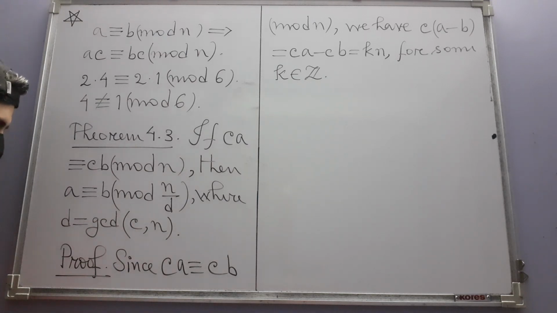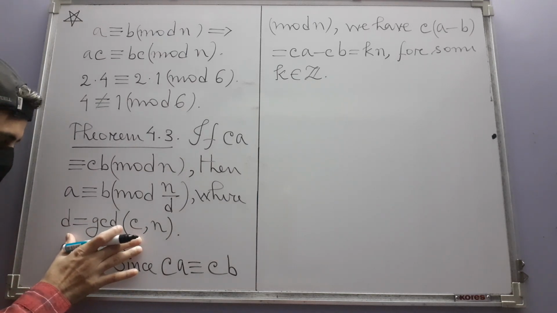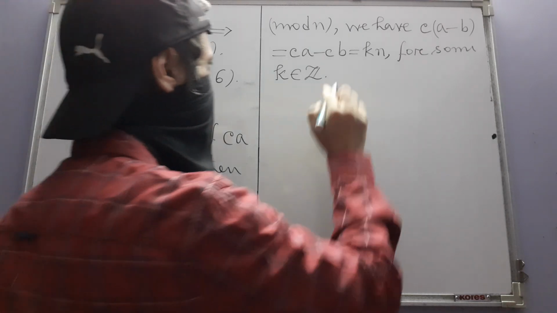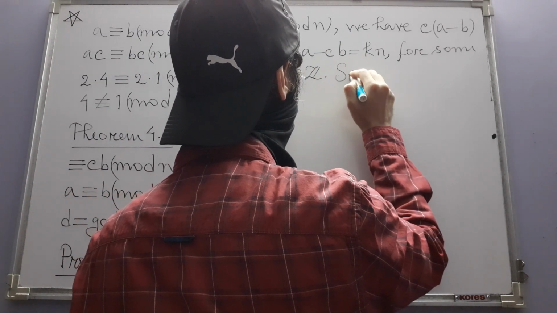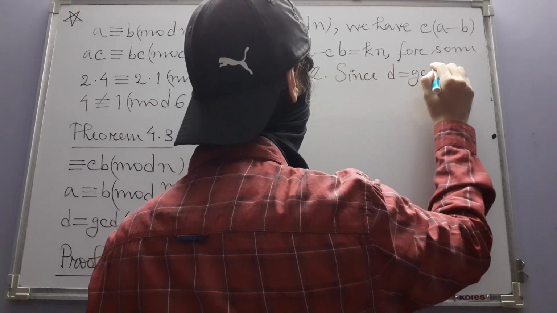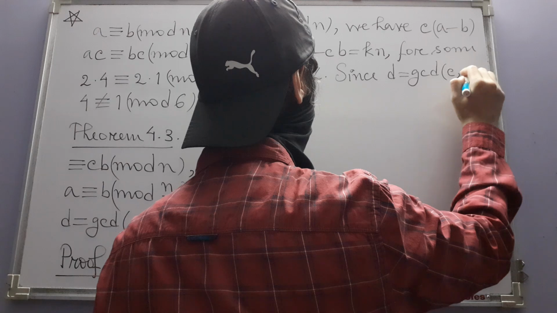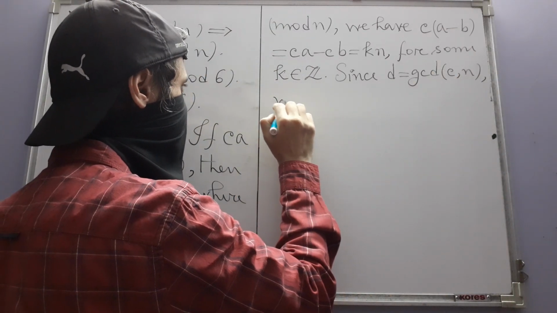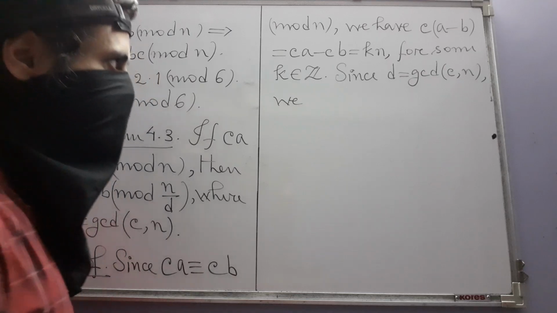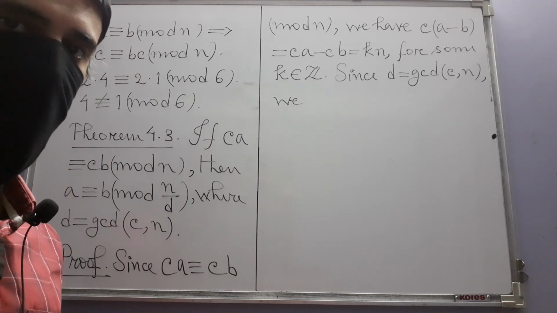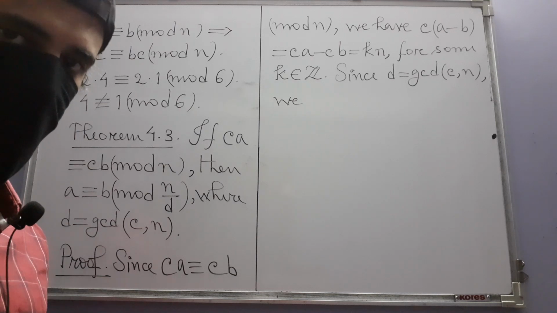Alright, now what else are we given? We are also given that d is the GCD of c and n. Since d is the GCD of c and n, in particular, what does that mean? D being the greatest common divisor of c and n, after all, is also a common divisor.